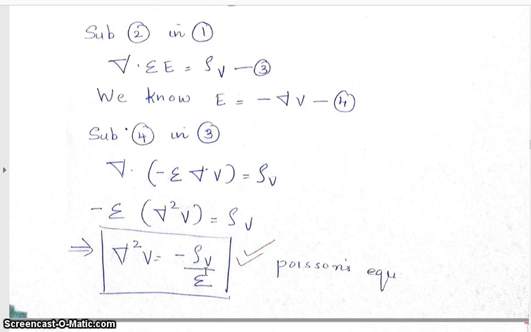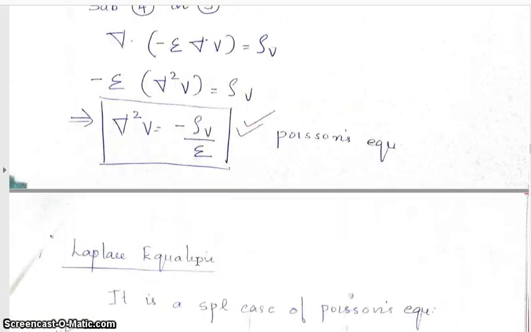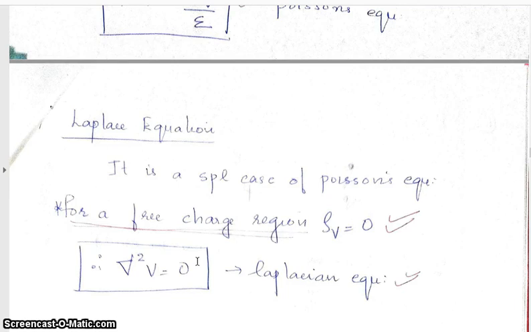Now if the region you are going to study is free of charge, then rho V will be equal to 0. Then I can write del square V is equal to 0, which is your Laplace equation. So Laplace equation is a special case of Poisson equation for a charge-free region, rho V equal to 0.